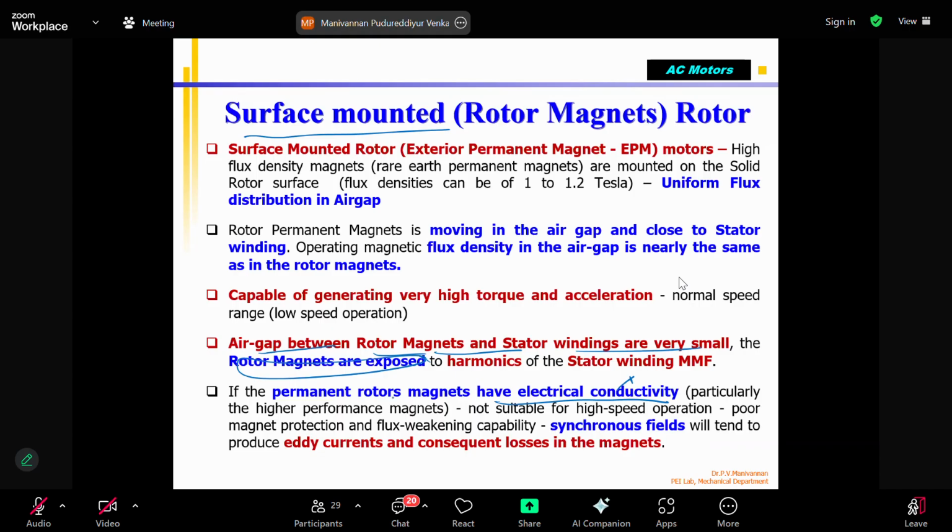It is not an electromagnet, but since it is made of highly conducting material, it will cut the stator magnetic flux, because it is very close, and heat is produced due to eddy currents. Then the rotor magnet will lose its magnetic power.